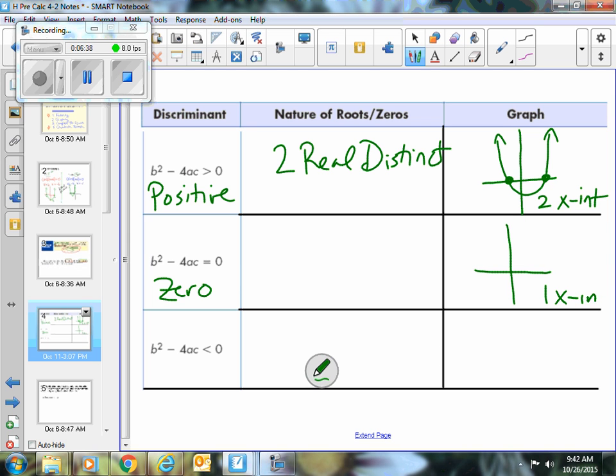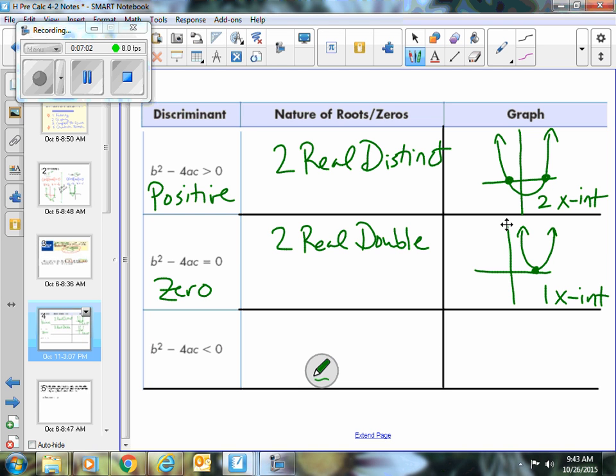So what kind of parabola would that have to be? What point would have to be on the x-axis? Well, it would have to be the vertex. And that's the kind that we call 2 real, but that root is a double. So it's counting as 2 separate solutions. So it just happens to be the same number. So there's 2 real, but they both happen to be the same thing.